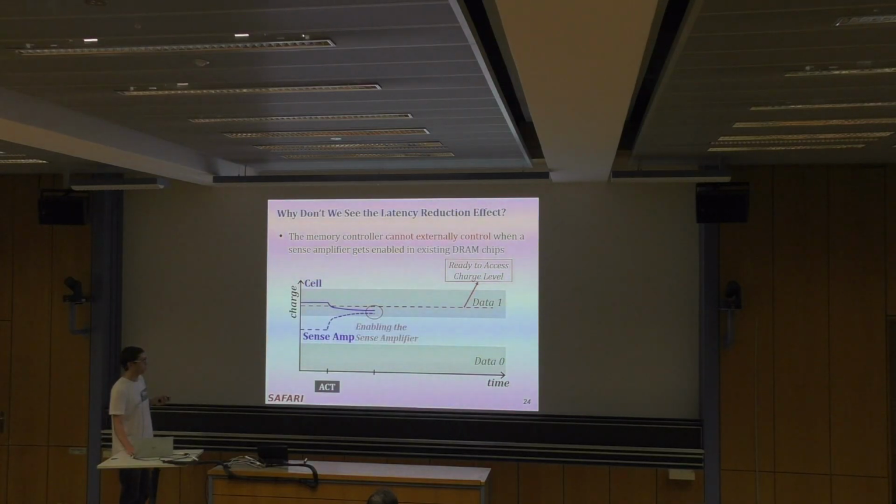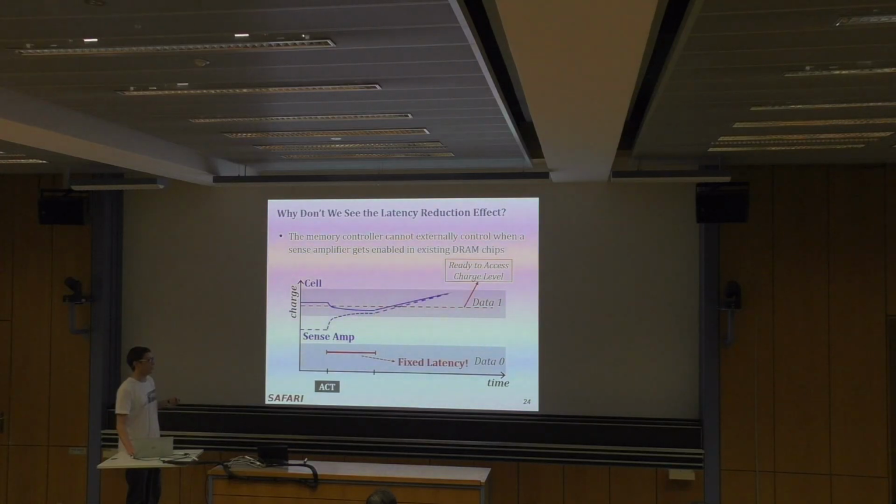At some point, after the charge sharing completes, the sense amplifiers get enabled, so they start restoring the value that they sensed from the cell back to the cell. This is one of the fixed latencies in DRAM. There's no way with the current interface to play with this timing.